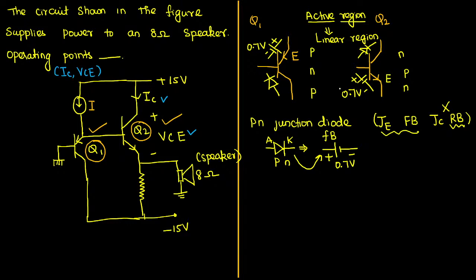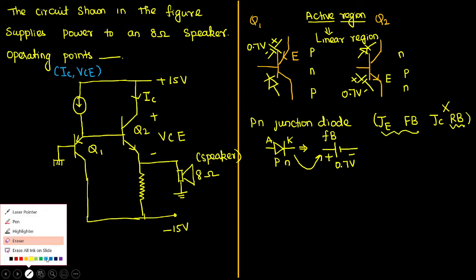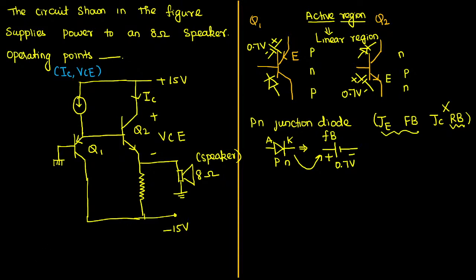Now it's time to explore the value of collector current and collector-to-emitter voltage. Shall we start? Let us take the same circuit. This is the circuit. Let us start evaluating all these things. Here, first one, Q1, is a PNP transistor, and we identify the emitter junction also.